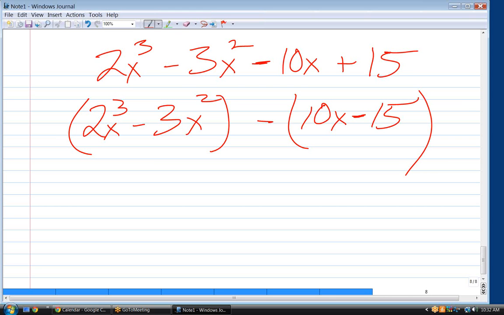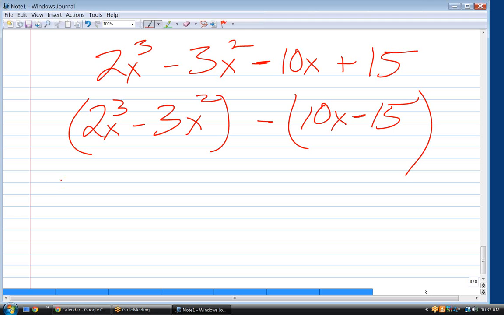It's how you do it that's important. And part of the process is to group with these parentheses. So you know you're going to have to put parentheses around these two terms. And the moment you do that, you have to be careful of that sign right there. Okay, now factor a greatest common factor out of each thing.